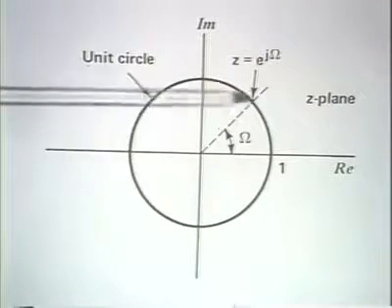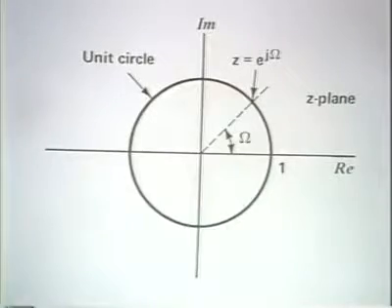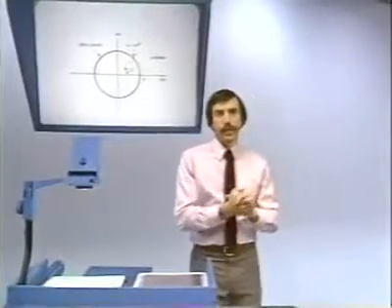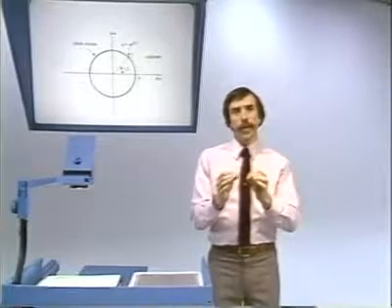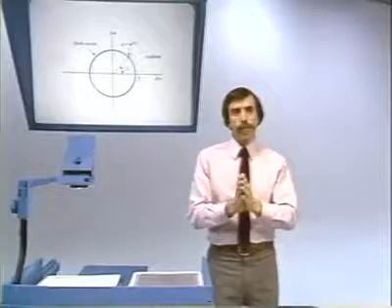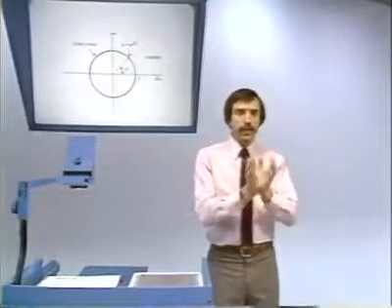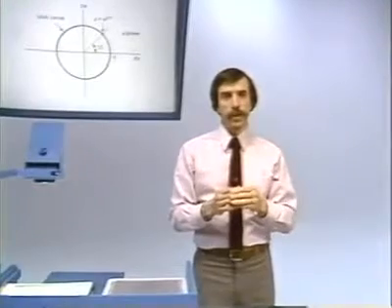And you could wonder, well, what's the significance of the circle? Recall that in the discussion that we just came from, when we talked about the relationship between the z transform and the Fourier transform, the z transform reduces to the Fourier transform when the magnitude of z is equal to 1.